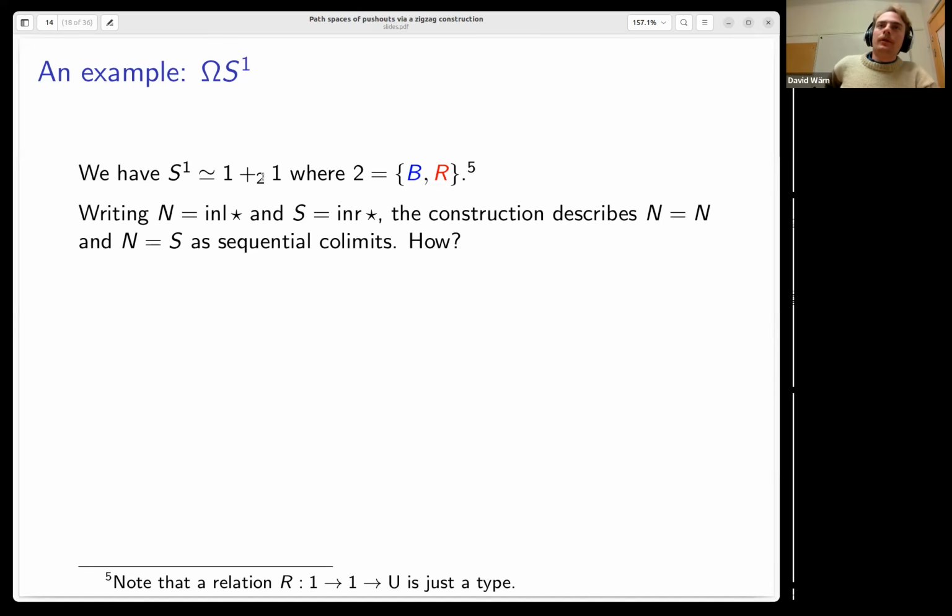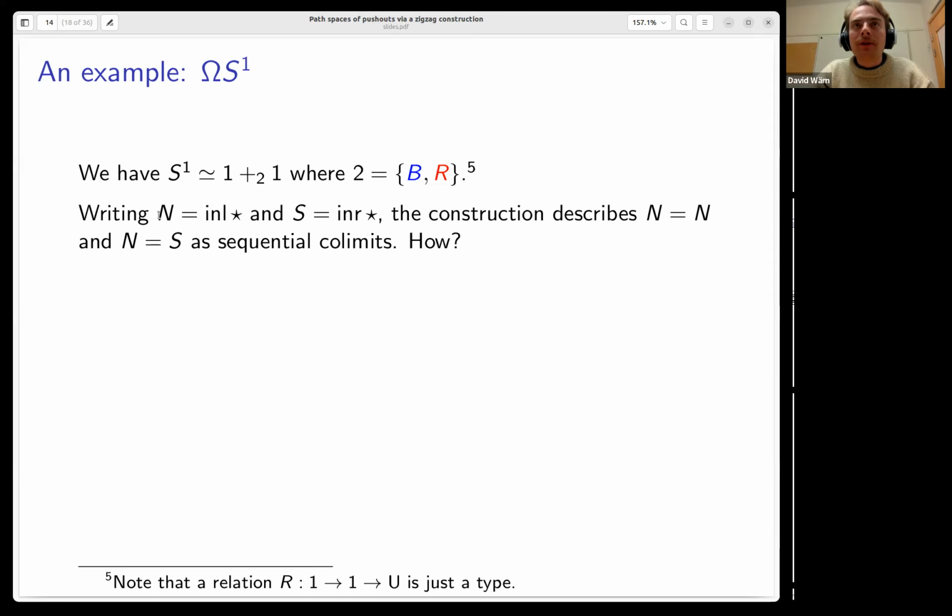So we have this pushout of 1 and 1 glued along a 2-element set, which I picture as containing some blue element and a red element. I'm being sloppy here, conflating type families over the unit type and the unit type. Maybe I should think of 2 here as a relation, but I just think of it as a type.